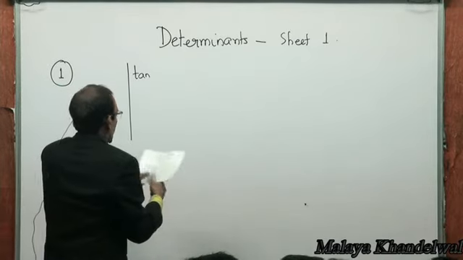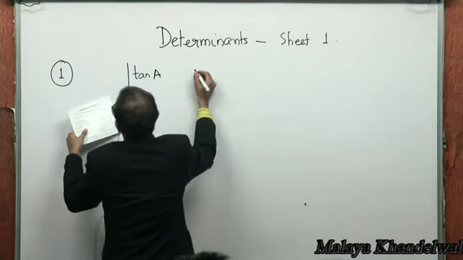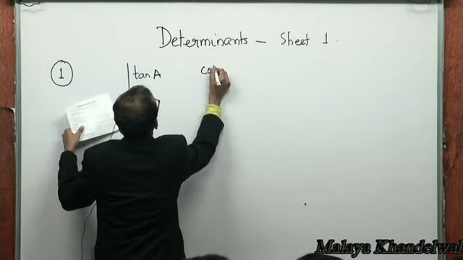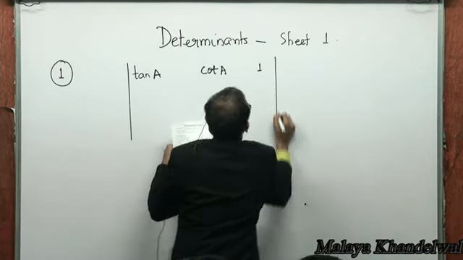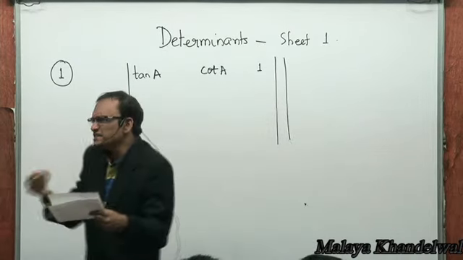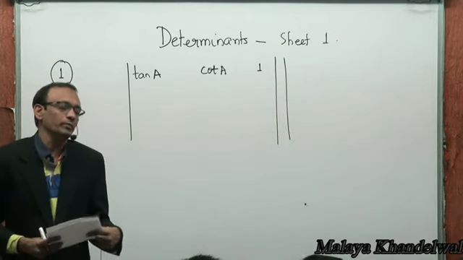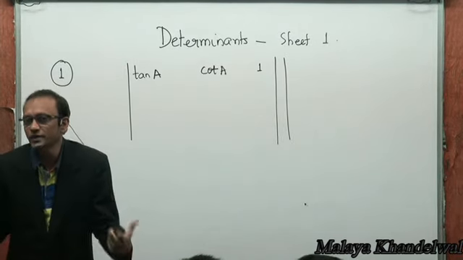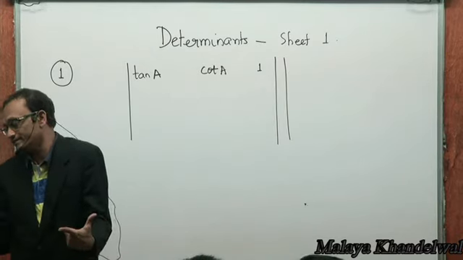Now, this is like tan A, cot A, 1. You try and match one or two terms. Chances are that it's going to match. If it doesn't match, that means maybe the whole idea of expressing it as a product of two determinants might be just futile.